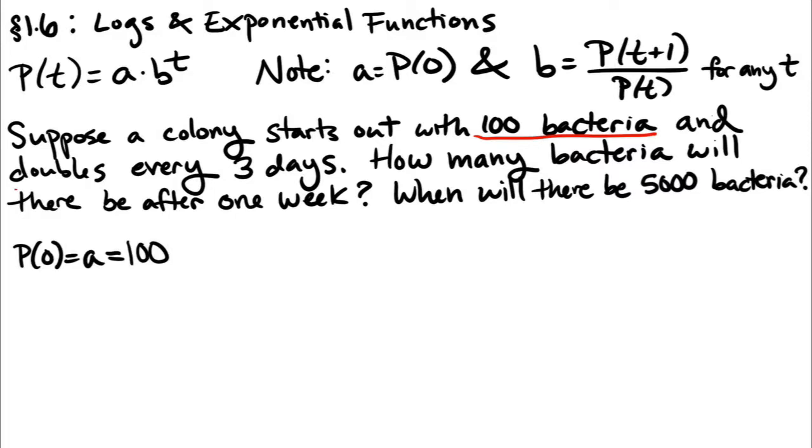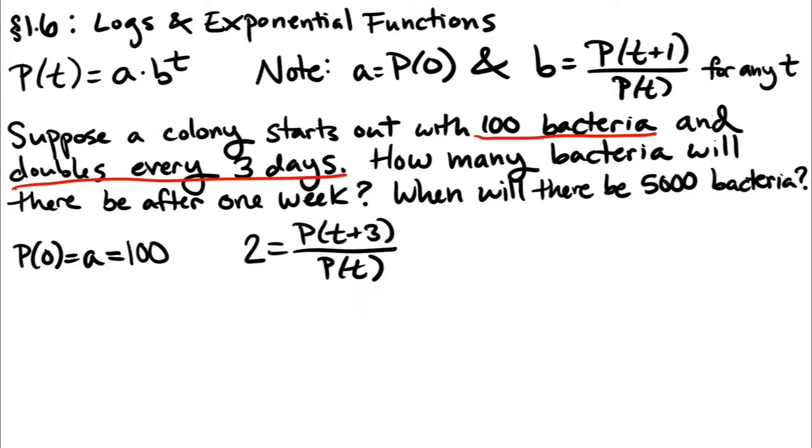What about the information that the colony doubles every 3 days? The natural way to represent this is to say that 2 is the ratio of P(t+3) and P(t). And when you try to reduce this using the model, you should ultimately get that 2 is b cubed. You're going to need to use the fact that b to the t plus 3 is b to the t times b cubed.